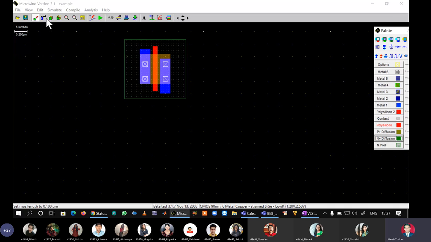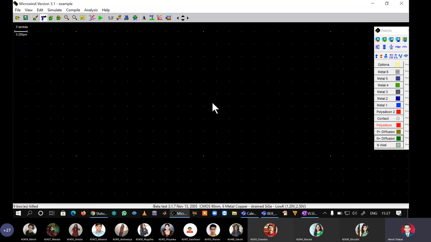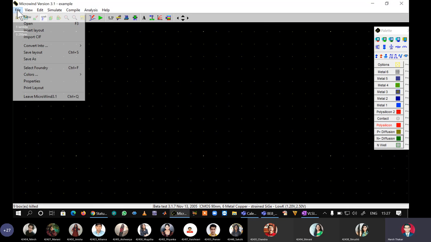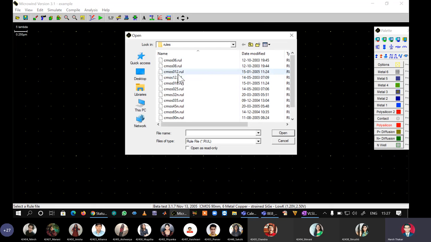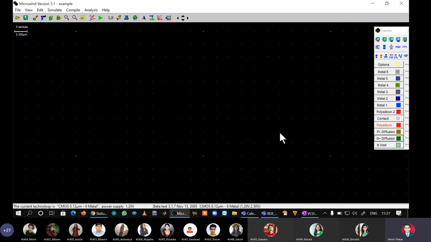Let me see if I am having a ready-made 120 nanometers foundry. So I'll go to file, select foundry, and I will just see what is this CMOS 012 dot rule. When I do this, I get 5 lambda as 300 nano, lambda as 60 nano, and technology is 120 nano. Correct. So we have actually selected 120 nanometers foundry.